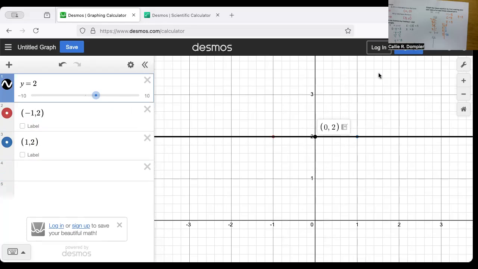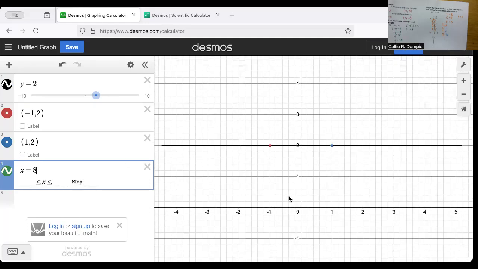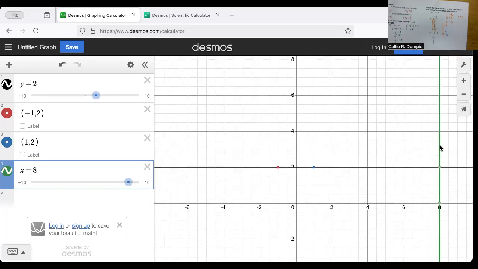Okay? So those are just ones that you need to remember. If it says y equals 2, that's just going to be a horizontal line through 2. If it says x equals 8, that's going to be a vertical line through 8. Let me zoom out. So that's x equals 8, that's y equals 2.